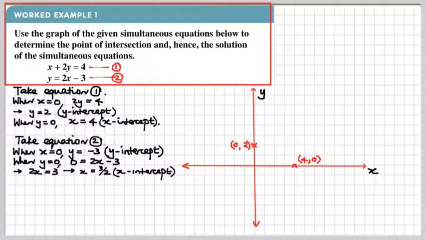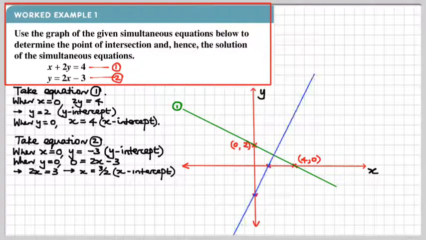Now, if you put a line through that, there's your straight line graph, which belongs to equation 1. Now you do the same thing for equation 2. That's equation 1, nicely labelled. Equation 2, there's my two intercepts. The first intercept was when x is 1.5. The second, the y-intercept, was where y equaled -3.